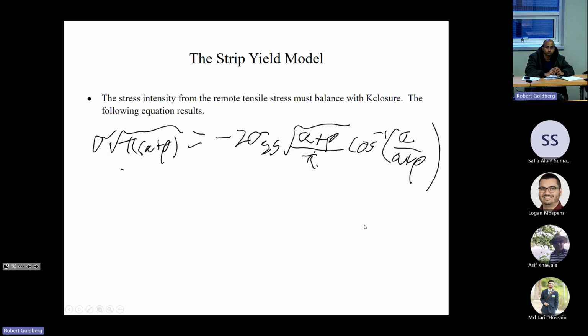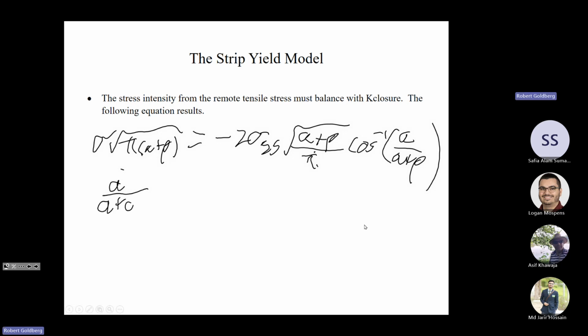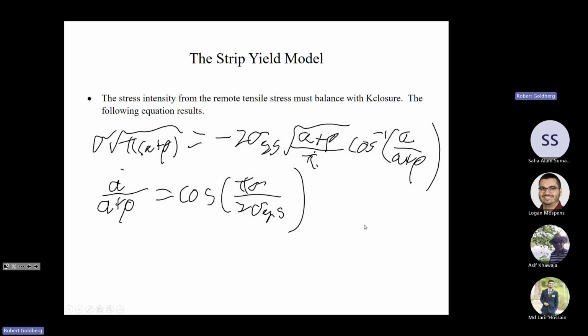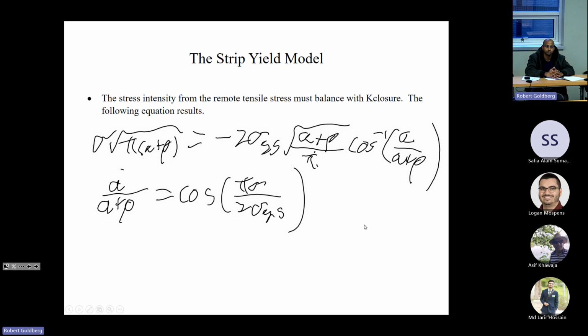What you end up with is that a over a plus rho is equal to the cosine of pi times sigma divided by 2 times the yield stress. And this is the condition that has to be met for the relation between a and rho in order for our stresses to not be infinite at the crack tip.